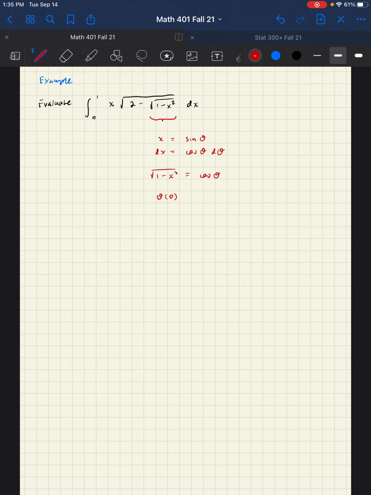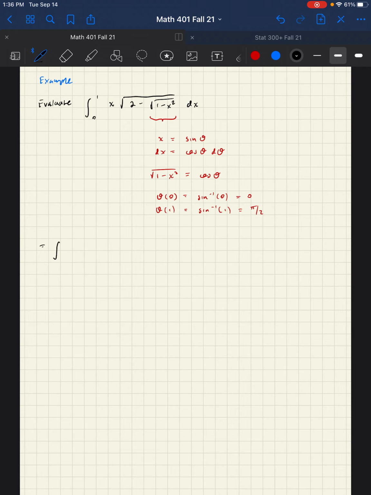So theta of 0 is going to be sine inverse of 0, which is 0. And theta of 1 is sine inverse of 1, which is pi over 2. Okay.